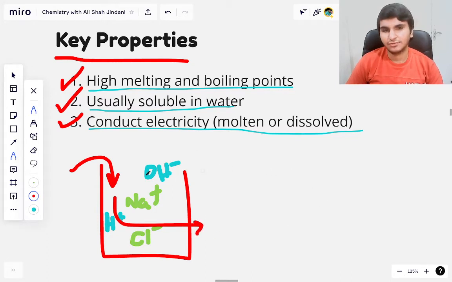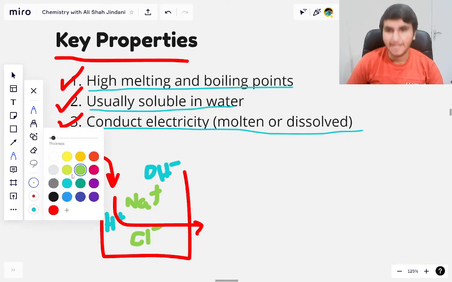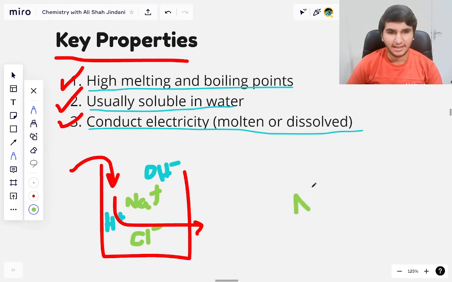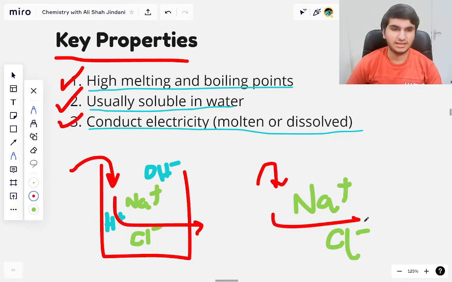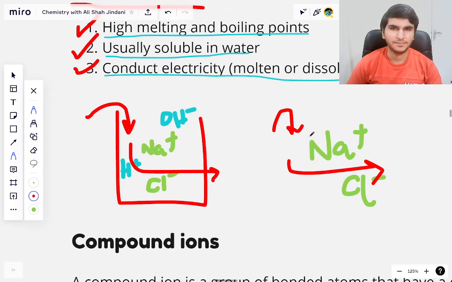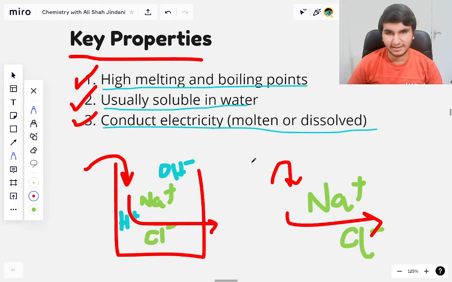If you take this in molten state, so you melt the NaCl, the same thing happens: Na gets separate, Cl gets separate, but they are in liquid form as opposed to the aqueous form. Still, if you pass electricity through them, it is going to pass. That is the basic thing, that they conduct electricity in both forms.